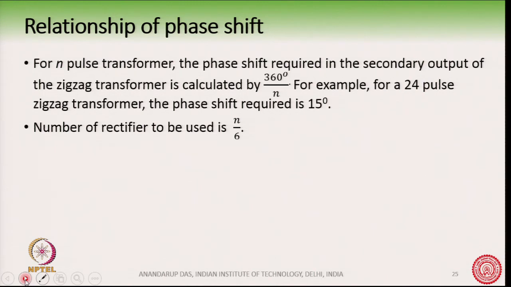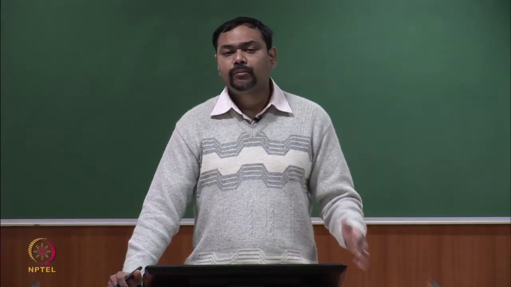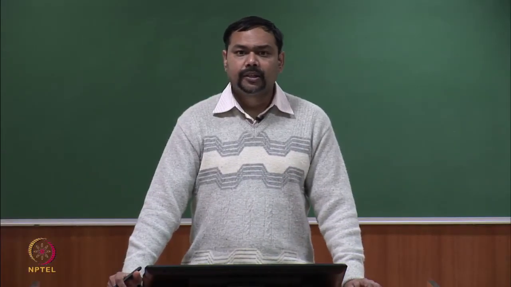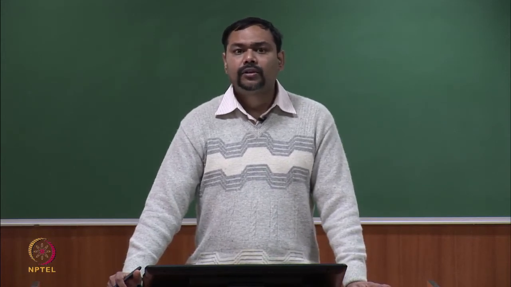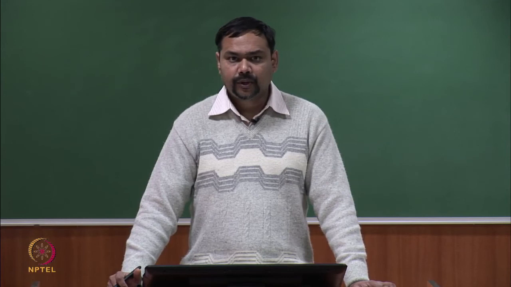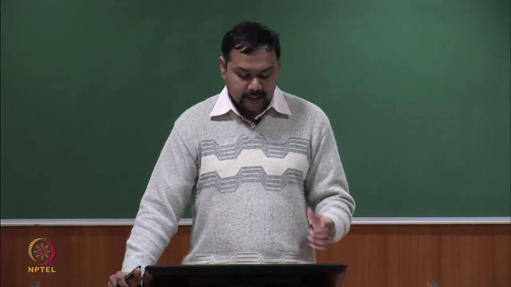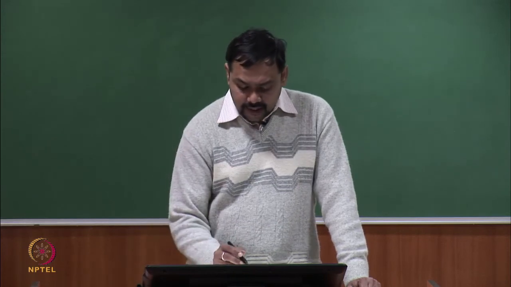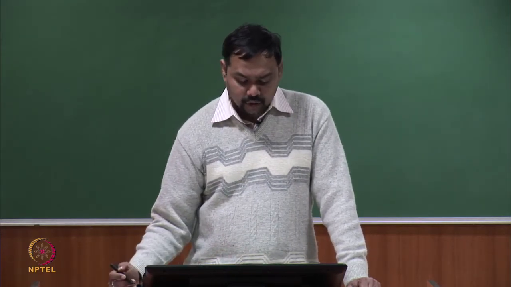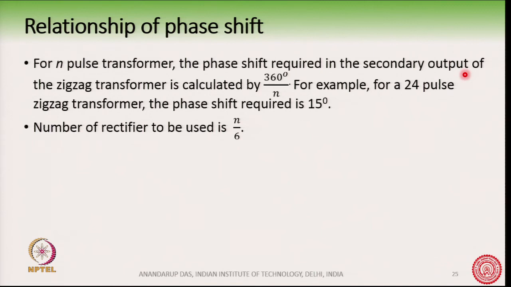Now coming back, we were talking about the 12 pulse transformer. In case of a zigzag transformer, suppose we want a 24 pulse transformer, or in general if we require an n pulse transformer, the phase shift required in the secondary output of the zigzag transformer is 360 degrees by n.